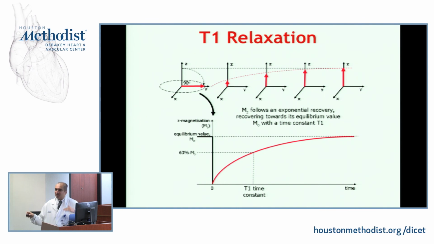So these protons are going from horizontal back into the vertical position. And as it does that, that's what we refer to as our T1 recovery. And the T1 time, and I think all of you have heard of T1 time, is the amount of time that it takes to regain 63% of your initial magnetization after you tip it into the horizontal plane.